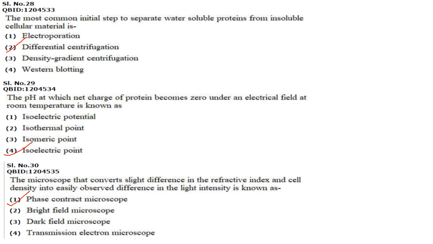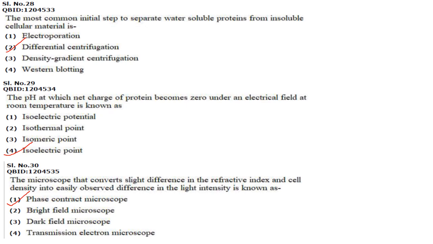Then next one. The most common initial step to separate water soluble proteins from insoluble cellular material. So you have got a protein inside the cell and it is a water soluble protein. So you want to separate it from the insoluble cellular material. So which step will you commonly use?